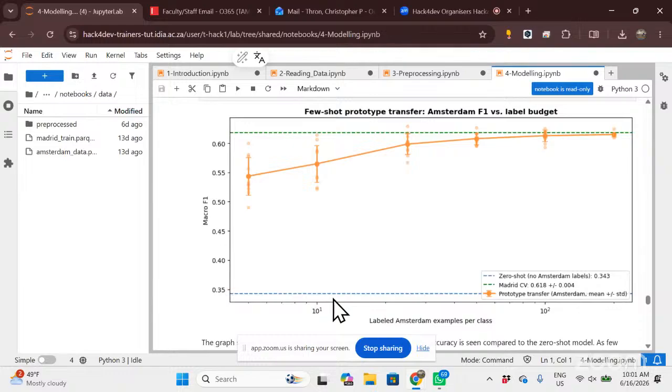If I use just 5 points from each class, there's a huge improvement. And the improvement increases until I reach about 25 points from each class, where I'm already very close to 60%. If I do 50 points, I'm close to my best result.